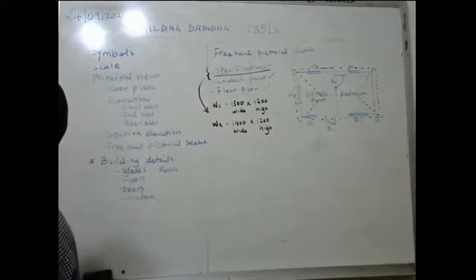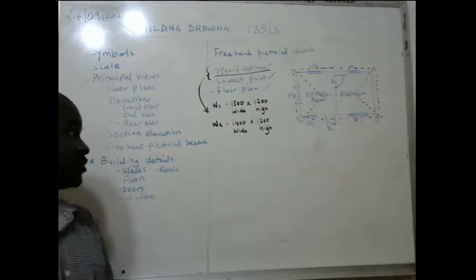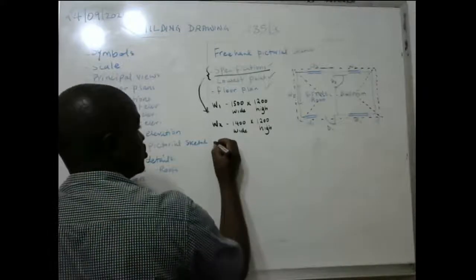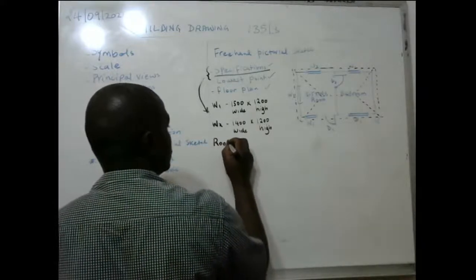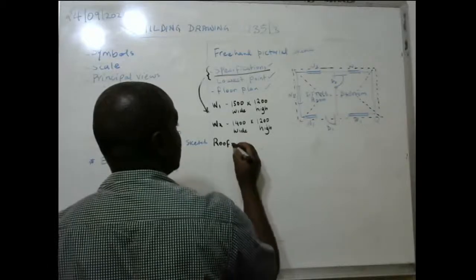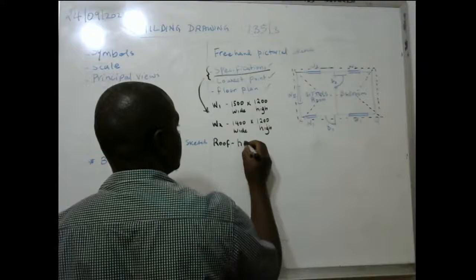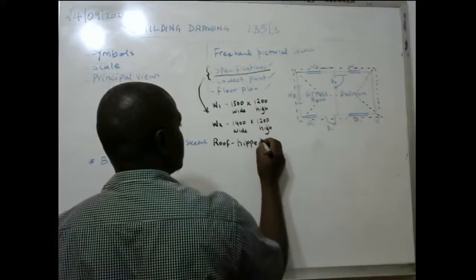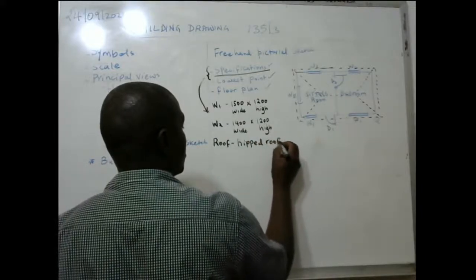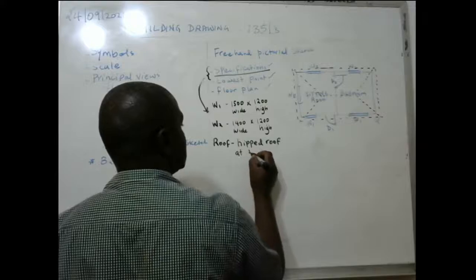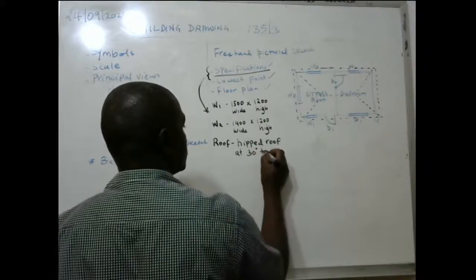And all other information that may be given concerning, for example, the roof can be given as a hipped roof at 30 degrees to the horizontal.